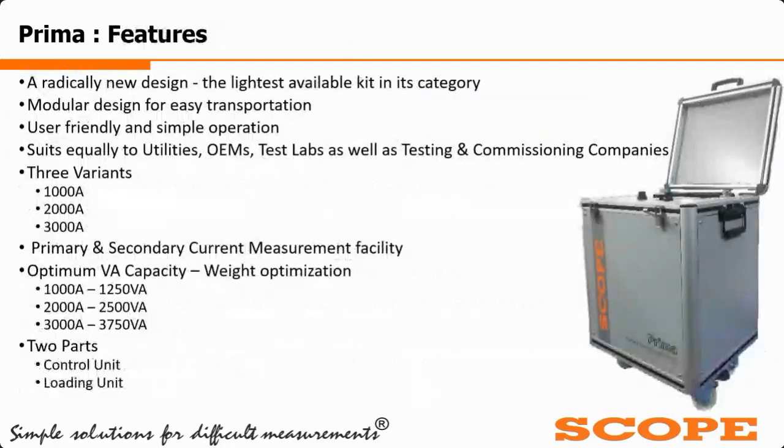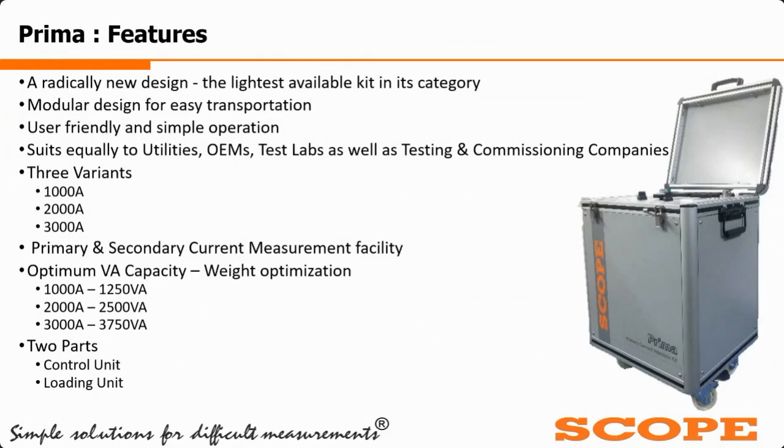So what features have we provided in the primary current injection testing kit, that is PRIMA? This is a radically new design product, the lightest available kit in its category. Then we have provided a modular design for easy transportation. The instrument is very user friendly and simple to operate as well.